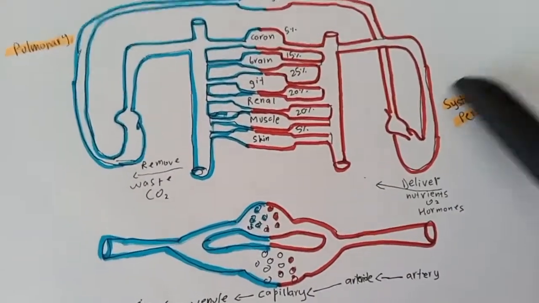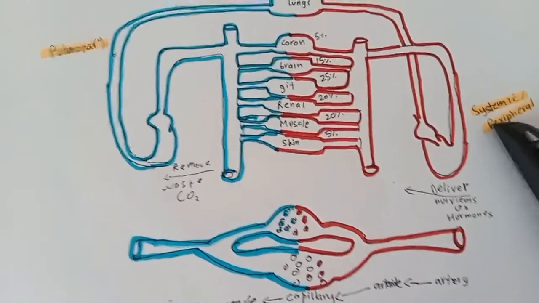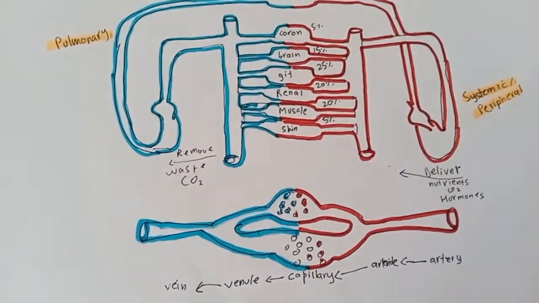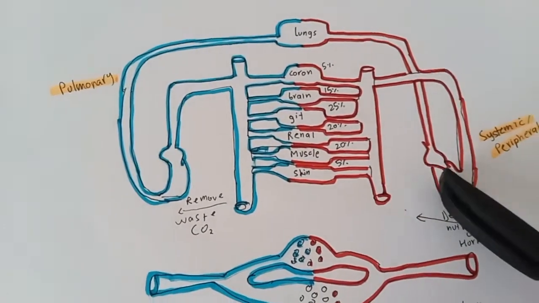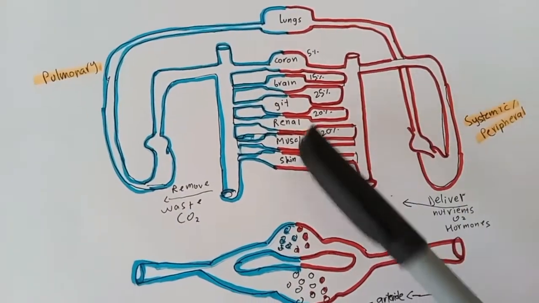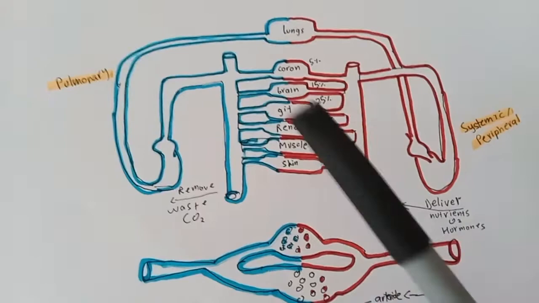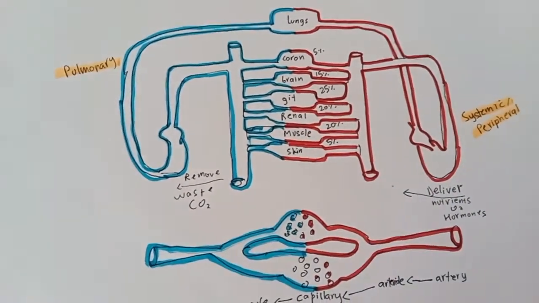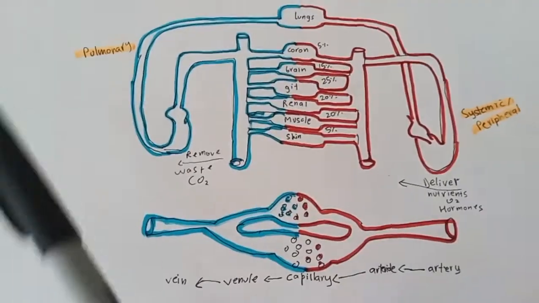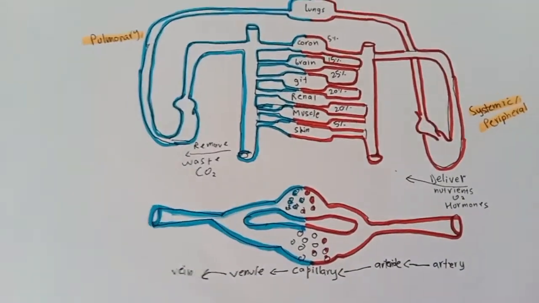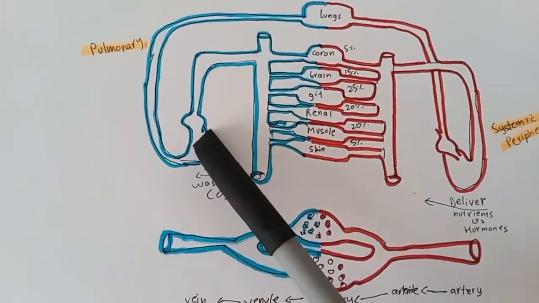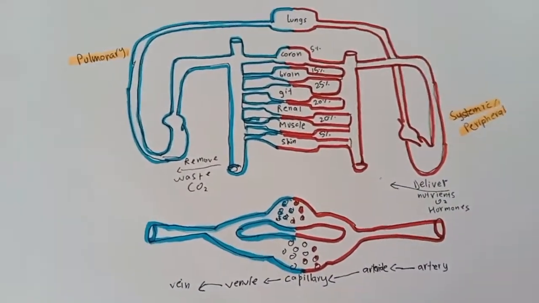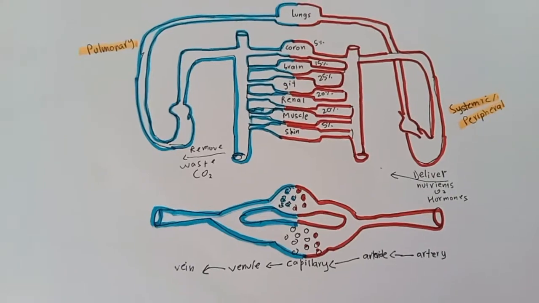For the systemic or peripheral circulation, you go from the left hand side of the heart, and then you go from here to here, delivering all these things to the brain, the muscle, the skin, etc. Now, the pulmonary circulation goes from here all the way to the lungs. This is called the pulmonary circulation.